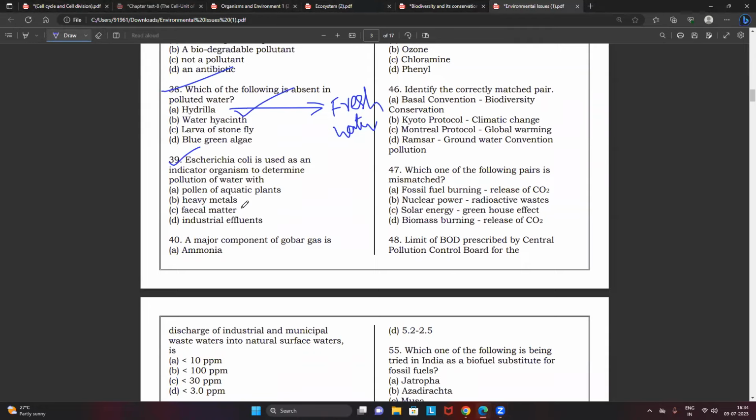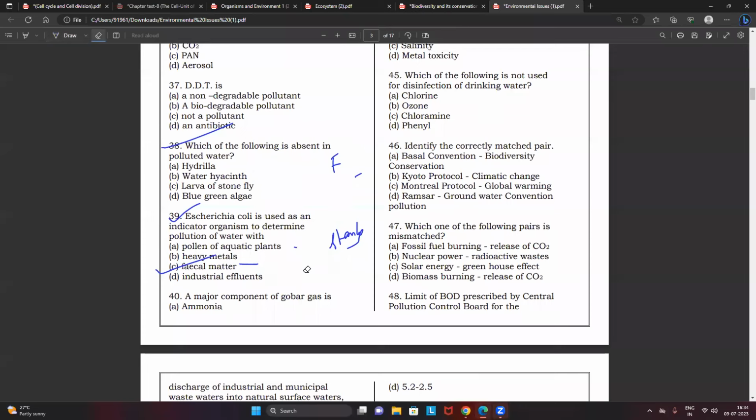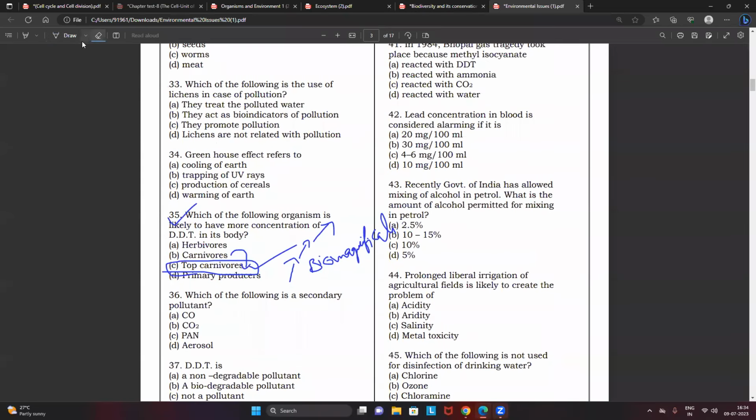Fecal matter. Because, friends, fecal matter contains more organic substances. Wherever there are more organic substances, this E. coli is used to break down those organic substances into inorganic substances, which we call the BOD. Answer will be C. No need to get confused with that point. It's easy, and I want you to understand this.